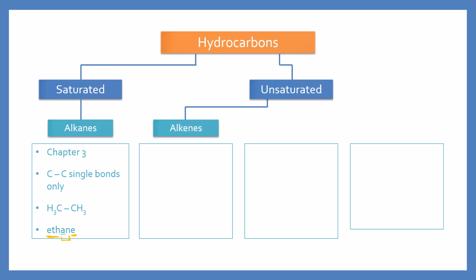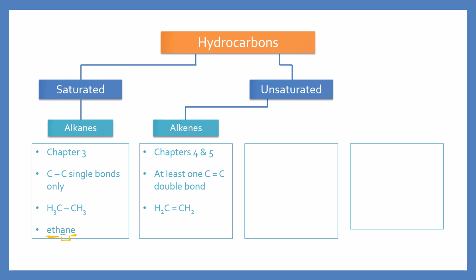Our next group are the alkenes. Alkenes are part of the unsaturated family. These are covered in chapters 4 and 5. Alkenes must have at least one carbon-carbon double bond. This could look like H2C with a double bond to the next carbon and 2 more hydrogens.